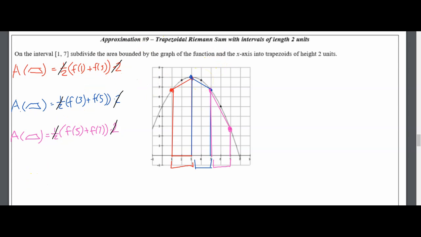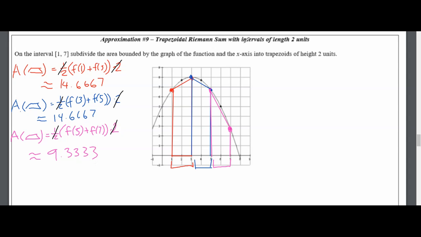So let's figure out what these three areas are. For the red trapezoid, we get approximately 14.6667. For the blue, same thing. And for the pink, that one was smaller. We get 9.3333.